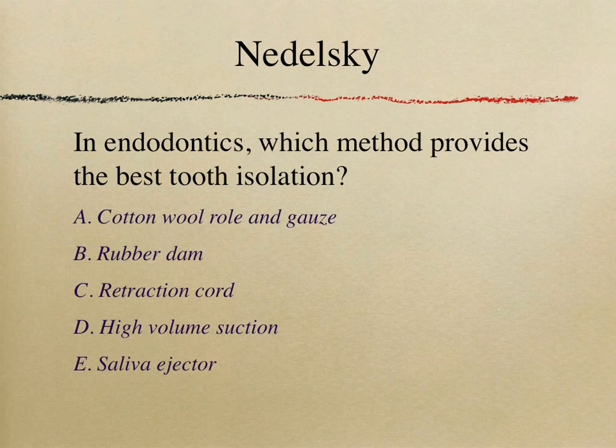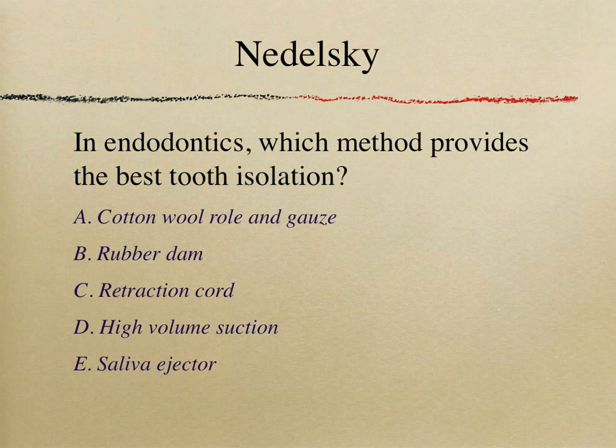And you just have to look at the 5 options you've got here and see how many of them a borderline candidate can possibly eliminate, and be 100% sure that these are not going to be one of the possible answers. So a borderline candidate might have a look at option A, cotton wool roll and gauze. Yeah, they might actually use that for endo isolation. Rubber dam, probably actually they would do that.